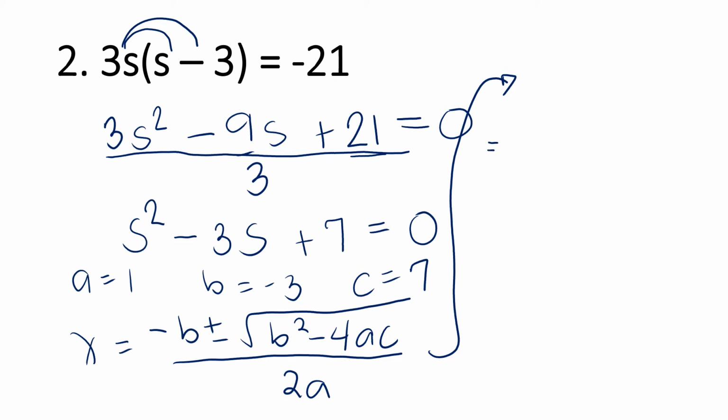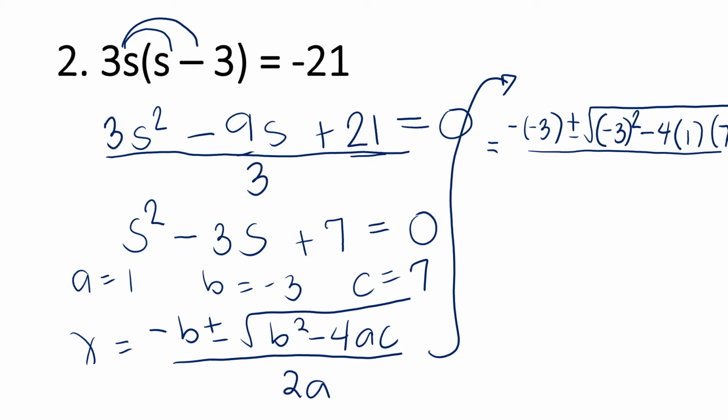Let's write it here. So negative of negative 3 plus and minus the square root of our b squared, negative 3 squared, minus 4 times a is 1, now our c is 7, all over 2 times 1.